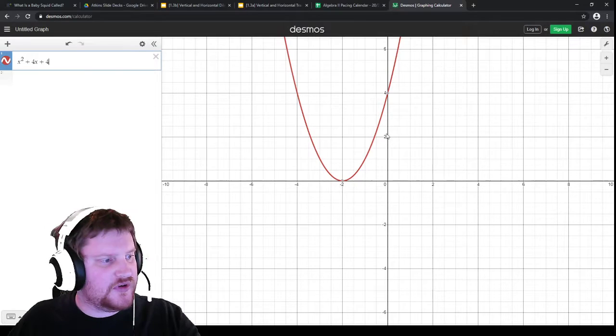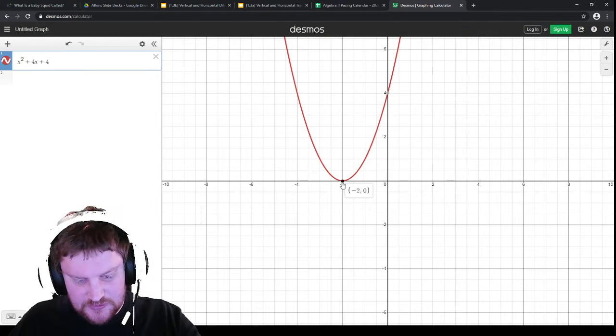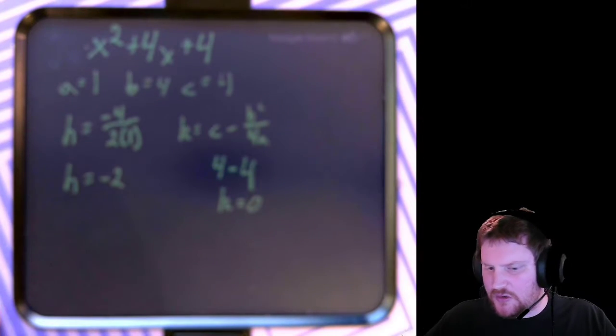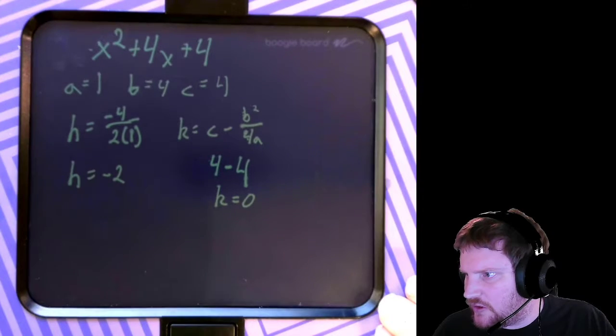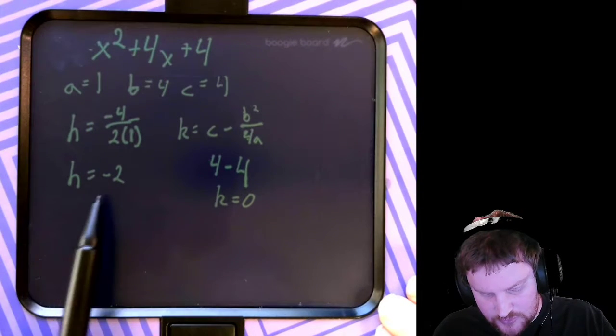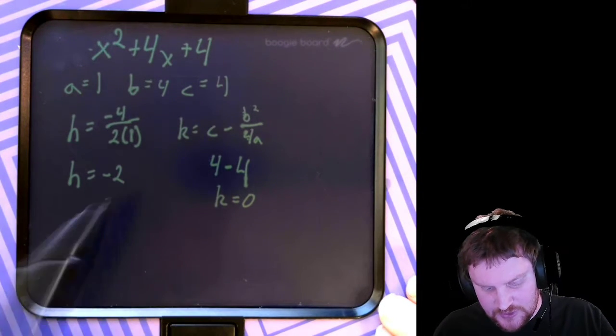As you can see, our vertex is at negative 2 comma 0, which is exactly what our, that is not very well focused. There we go. Which is exactly what we found out on our document camera.